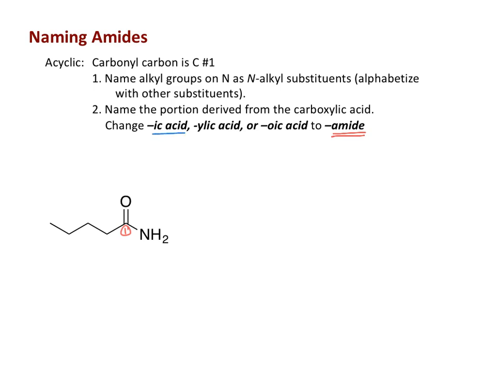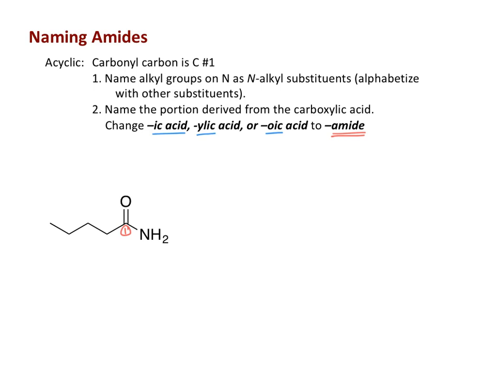In this case, depending on what the actual name of the parent carboxylic acid is, you could drop the ic acid or the ilic acid or oic acid. The reason that different things are dropped just has to do with making the name sound a little bit better. So as we go through some examples, if you have an oic acid, that's what we'll drop. If you have the ilic acid, that's what we'll drop. If you don't have either of those, then you just drop the ic.